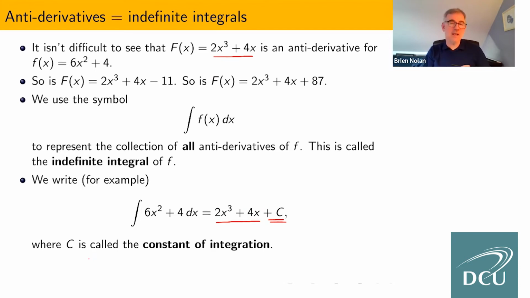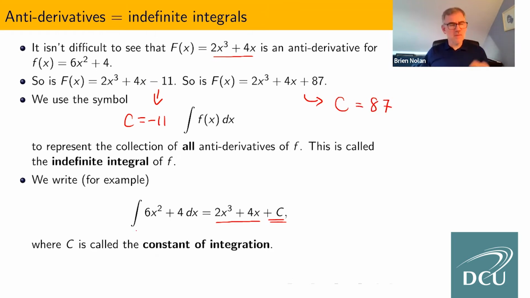And the idea then is that any and every antiderivative of this function must look like that. It must be equal to 2x cubed plus 4x plus c for some constant number c. So in this example here, we see that the capital C is equal to minus 11. In this example here, the capital C is equal to plus 87.